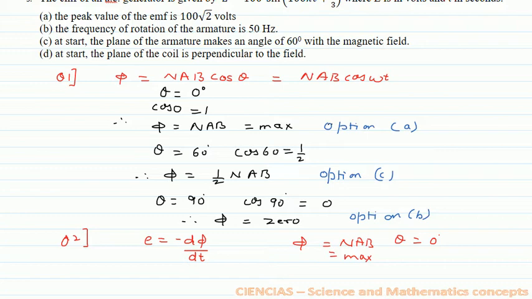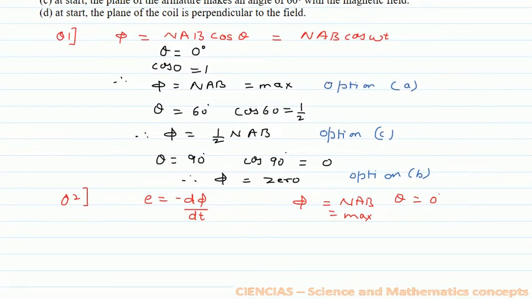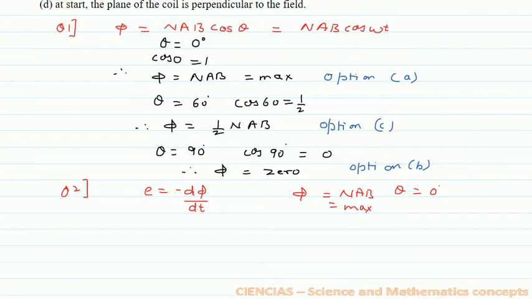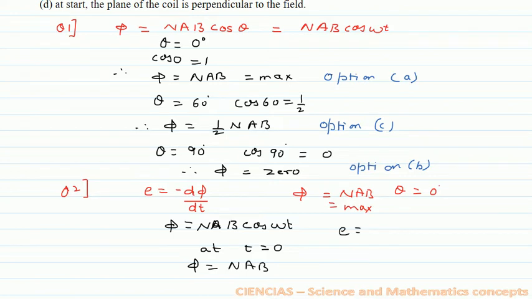And even we can say flux is equal to NAB cos omega t. At t equals to 0, flux is equal to cos 0 which is 1, that is NAB. So EMF is equal to minus d/dt of flux, that is equal to minus of NAB times minus sin omega t.